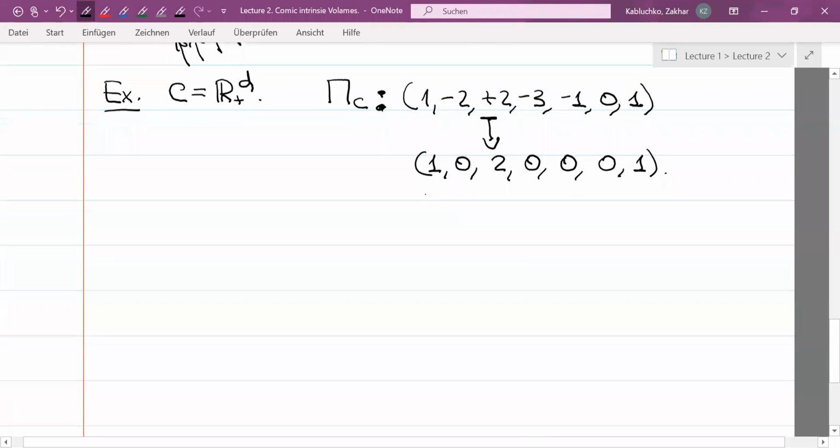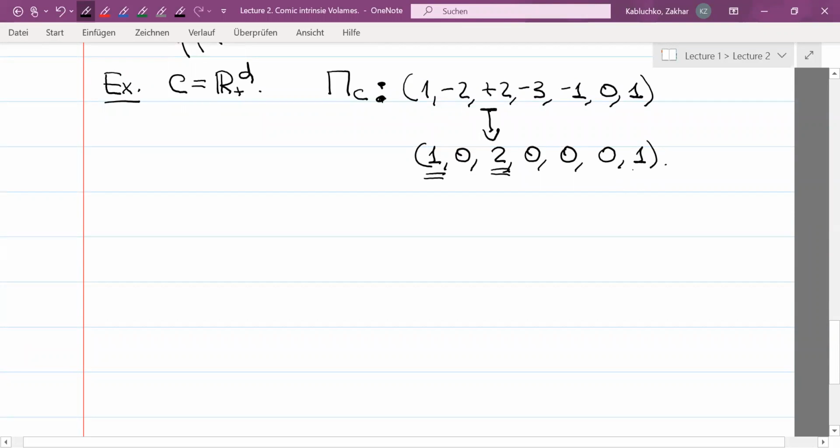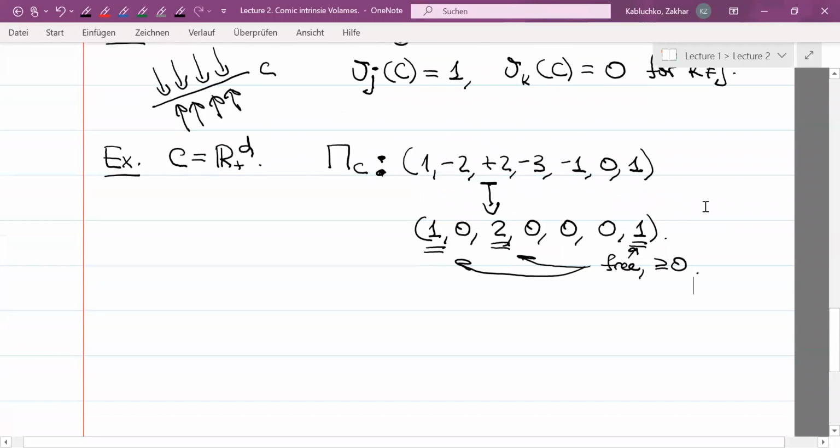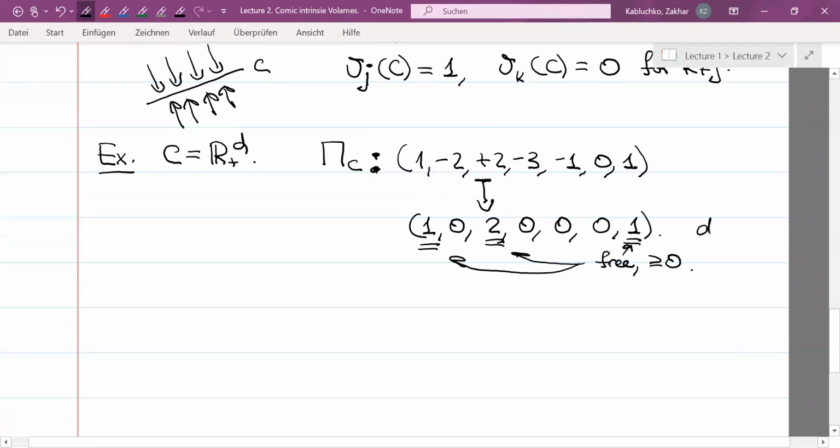So these coordinates are free, non-negative, and all the others are 0. This is a face of dimension 3. So this point is projected to a face of dimension 3. I hope it's more or less clear.